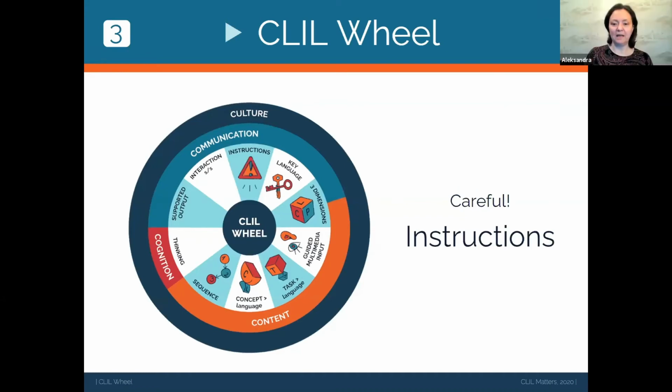The next element goes into the instructions. In a CLIL situation, as in other situations as well, but here more important, making sure that the instructions are clear enough.